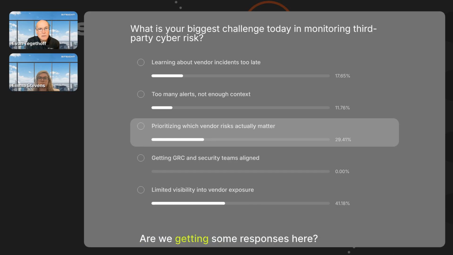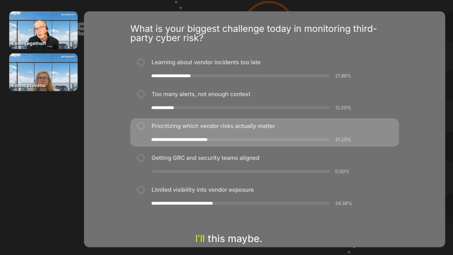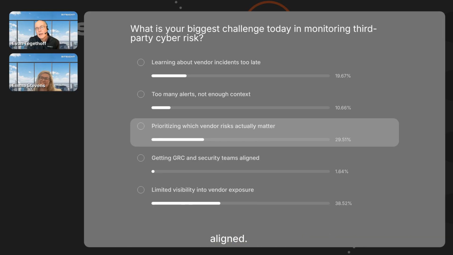Looks good. Now we're getting some responses here. Interesting. Prioritizing vendors, still an issue. Interesting that getting GRC and security teams aligned is not getting any votes. I'll interpret this maybe. There's a couple ways you could interpret this. On one hand, I think you could say, well, maybe this means they are aligned.